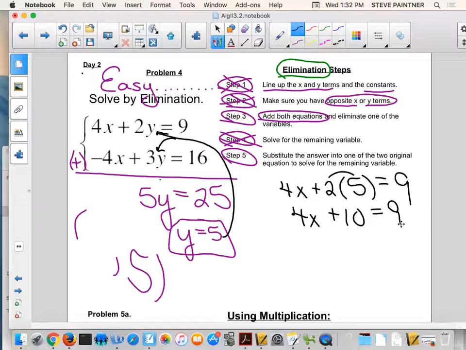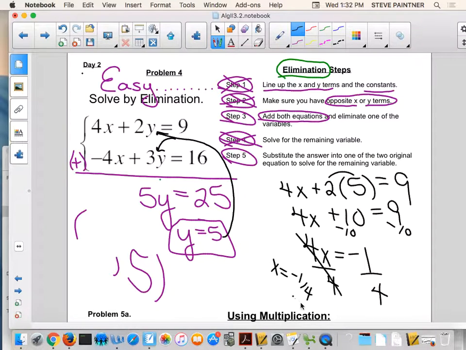Subtract 10. When you subtract your 10, you get what? Negative 1. Is this going to be a nice integer? No. Okay. So the answer is? Negative 1 over 4. Yep. Cross it out. X equals negative 1 over a fraction. So here it is.